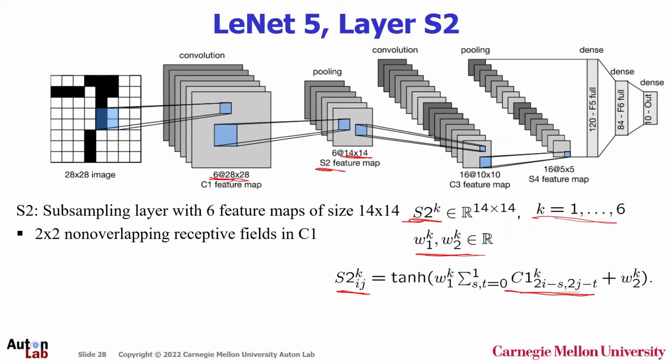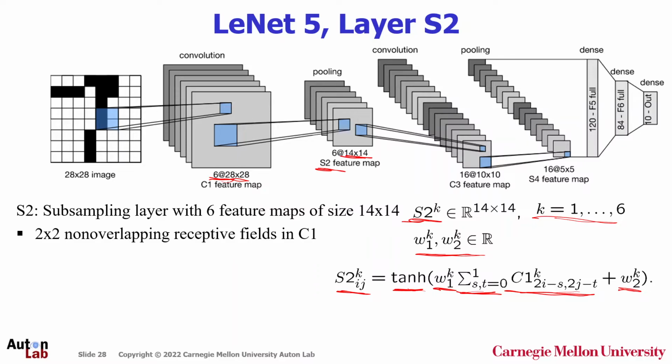Then in each of these matrices, we just calculate the sum of the values, multiply it with W1k, add the bias term W2k, and then we apply the tanh activation function.